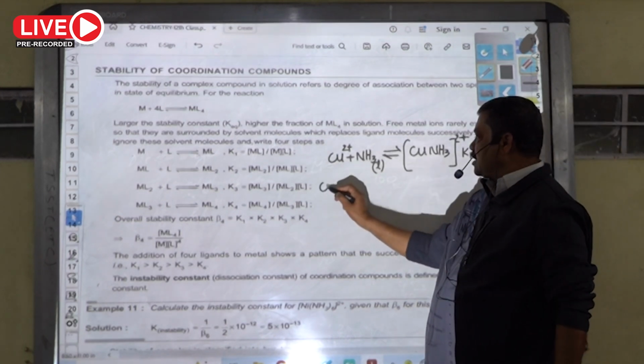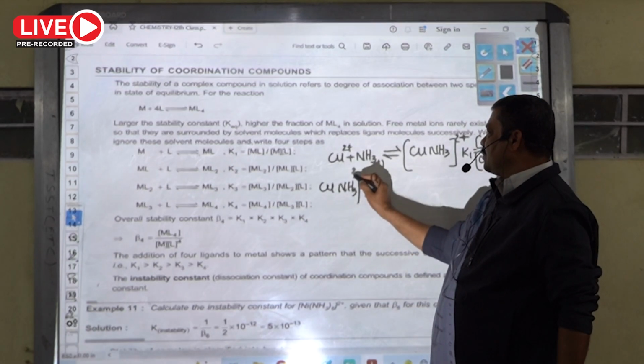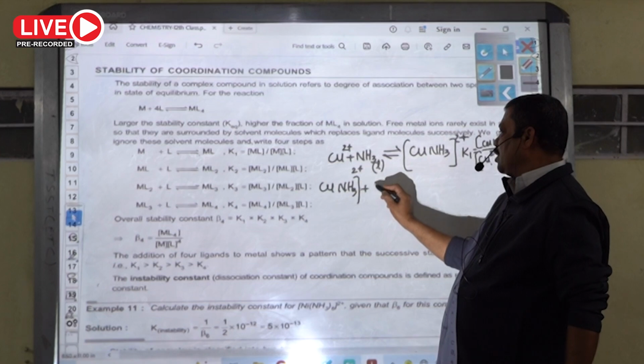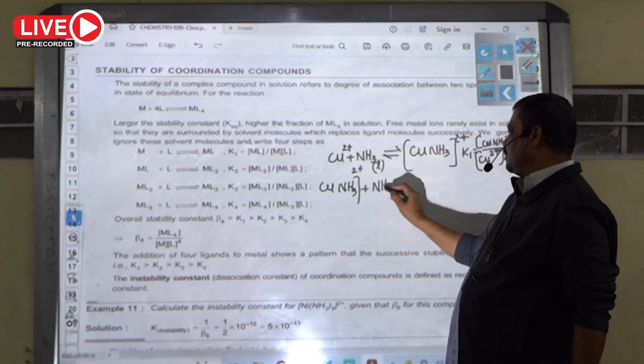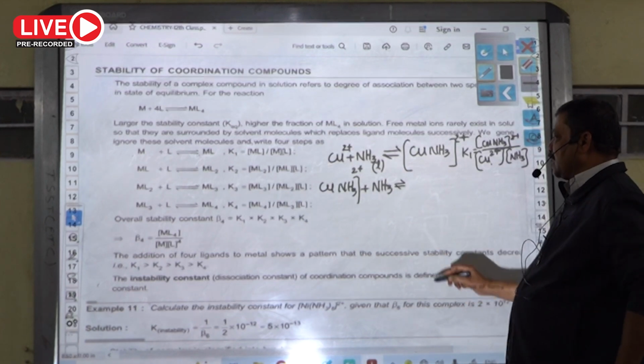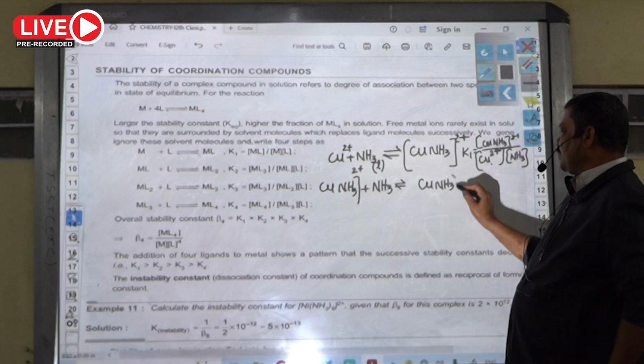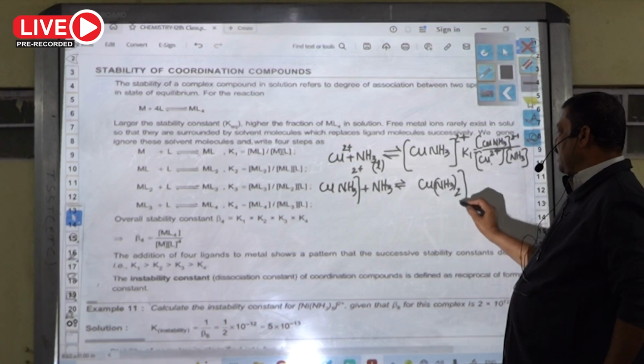Now the CuNH3 2 plus is added with one more ammonia ligand, what I will get now? CuNH3 twice 2 plus.